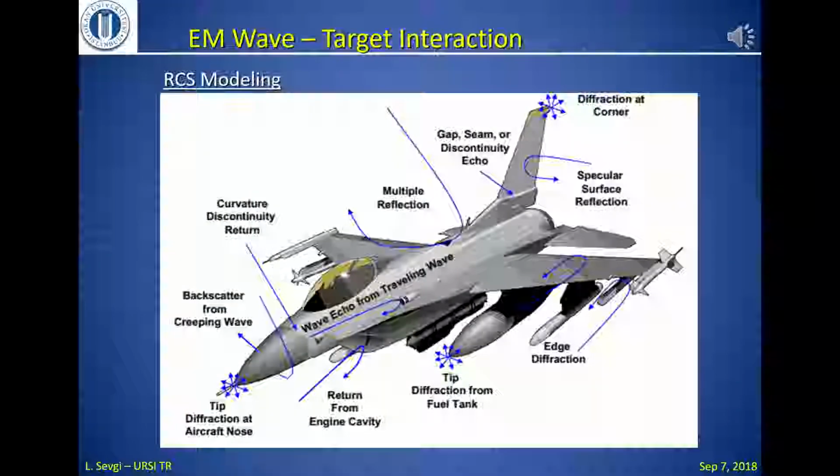As you see from this slide, a plane wave hitting a target may cause specular reflections, surface waves, creeping waves, diffraction from the aircraft nose, returns from the engine cavity, edge diffraction, multiple reflections, and so on.